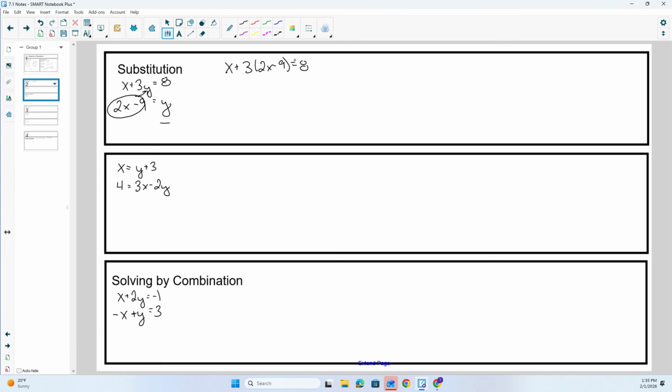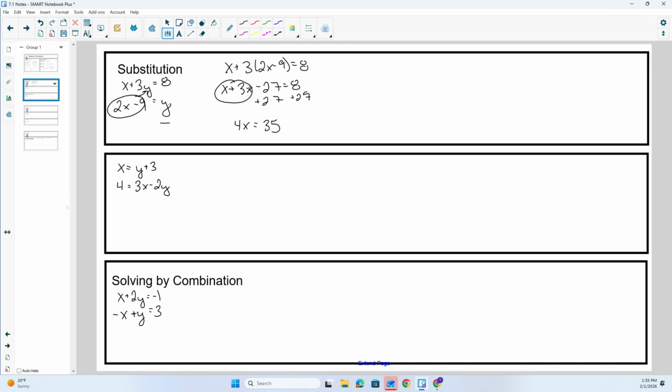And then we just solve this. We got rid of y, now we're solving for x. x plus, we're going to distribute, 3x minus 27 equals 8. Combine like terms, and then we're going to add 27 to both sides. All right, this is going to give us 4x is equal to 35.